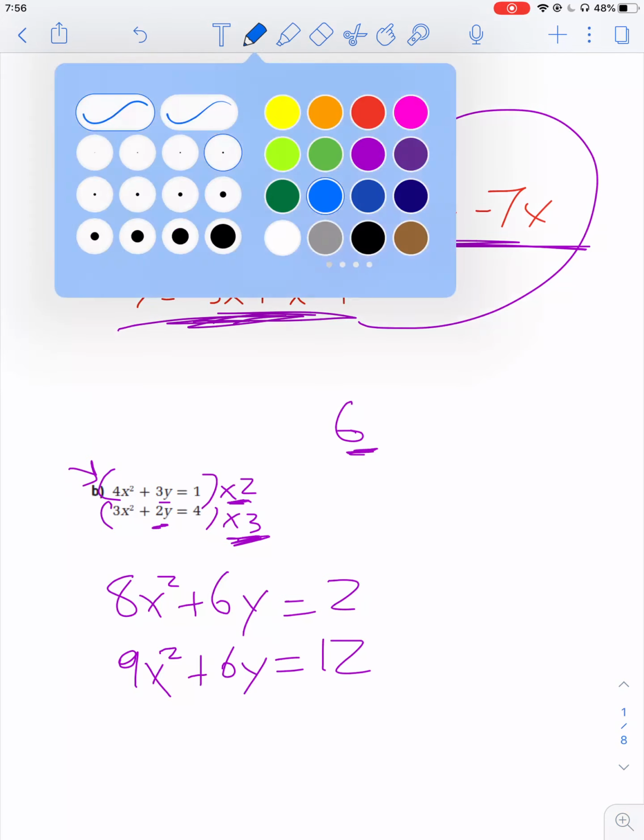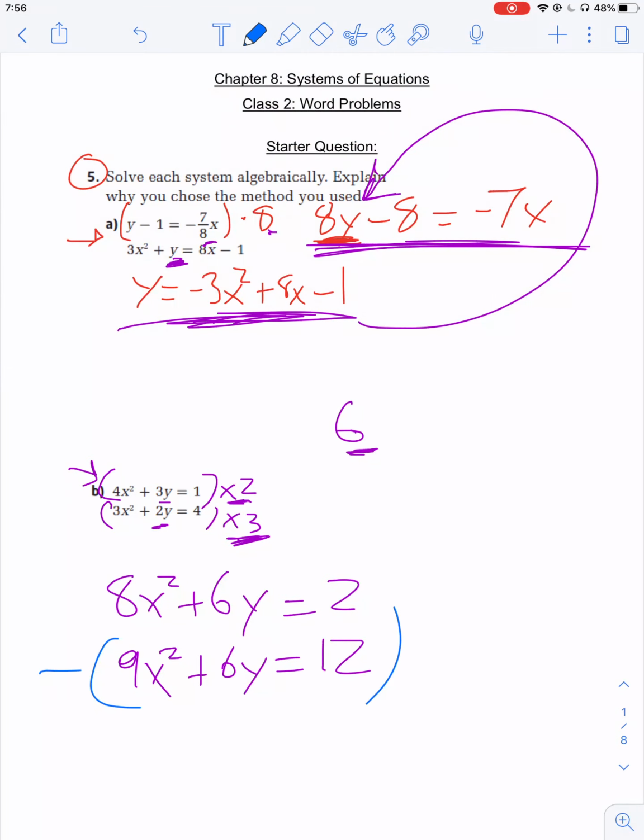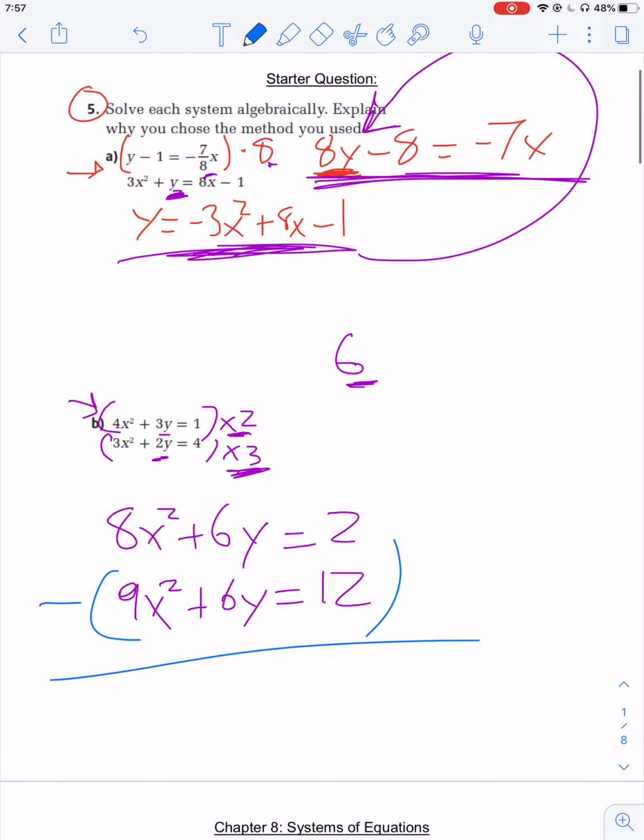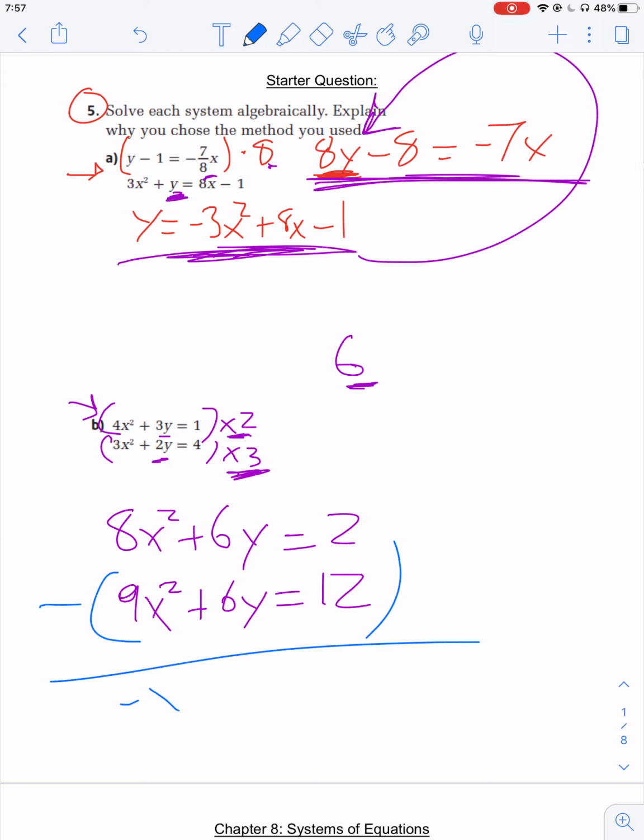And then subtract the two. The x squared terms will give me minus x squared. The 6y and 6y will cancel, which is what I want. So you get minus x squared is equal to 2 minus 12, so that's minus 10.